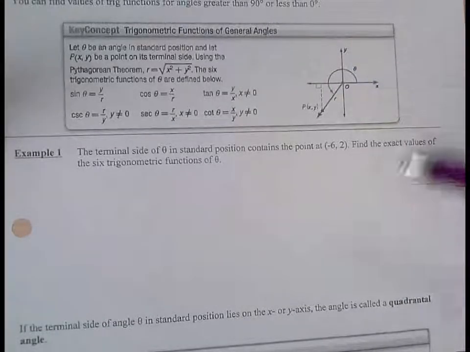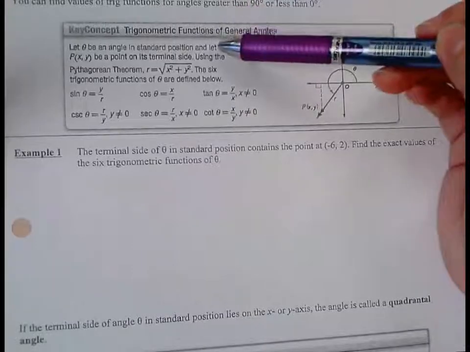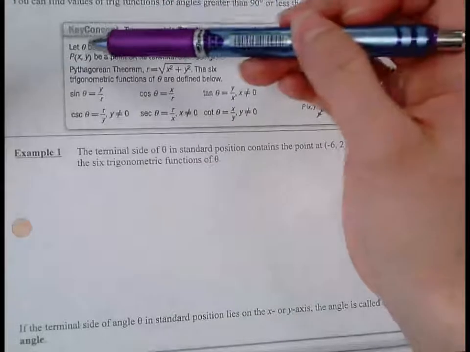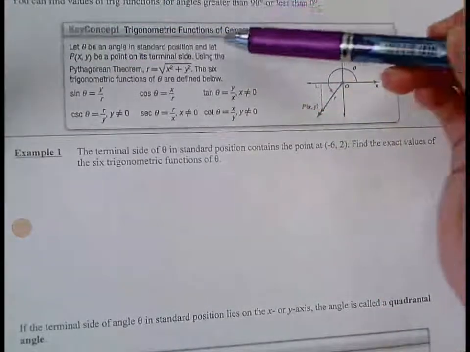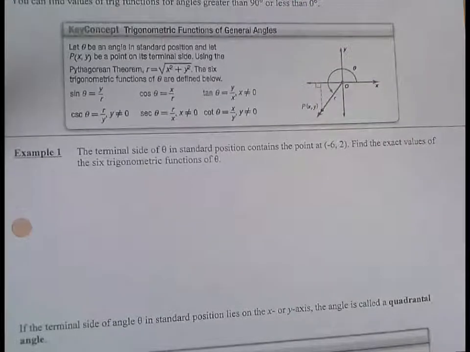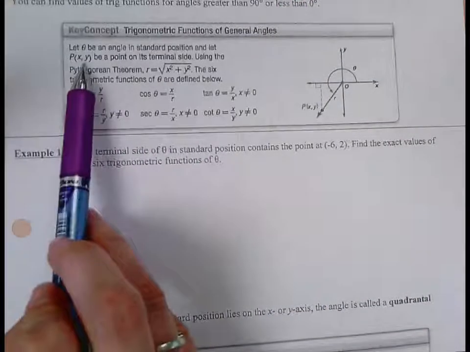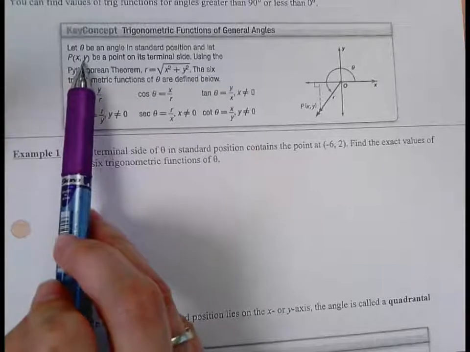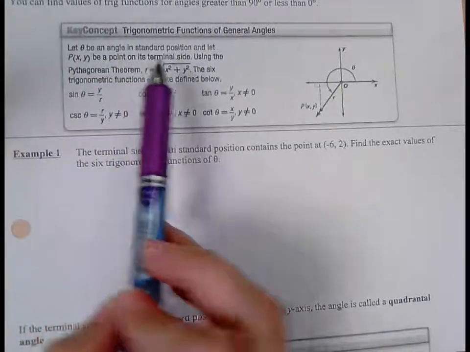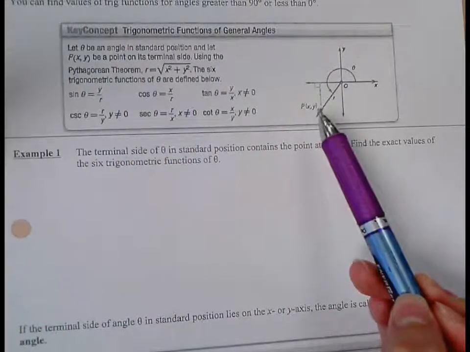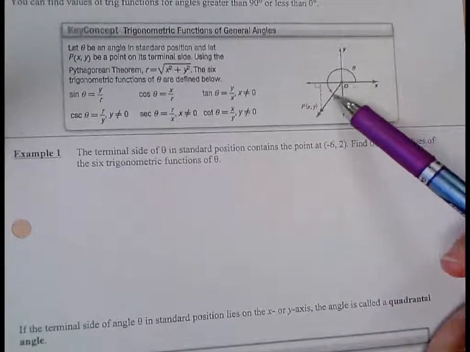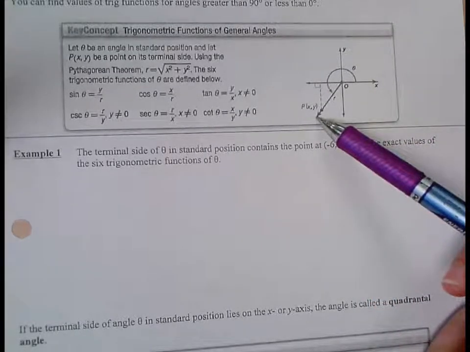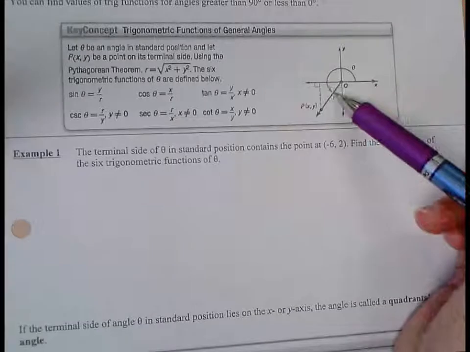But what this is showing, so if you have any angle in standard position, and they're using that Greek letter theta to represent the angle in standard position, they're letting some point P with coordinates x, y be a point on the terminal side. So if this is where P is, you're drawing the terminal side of that angle through P, so that creates your angle theta here.